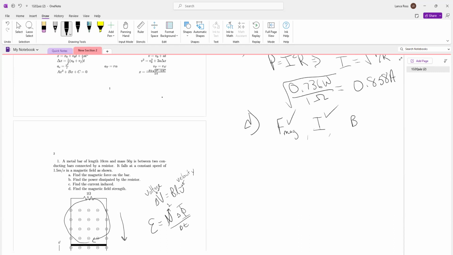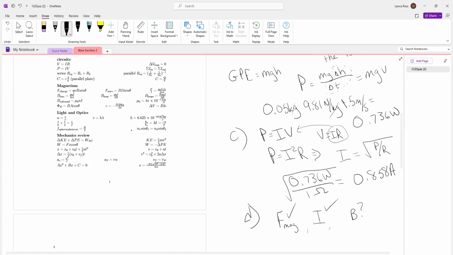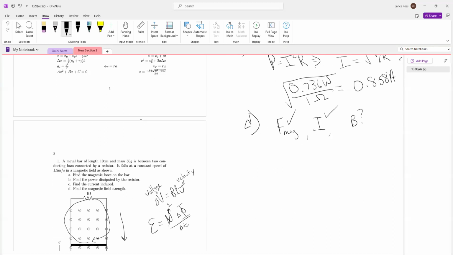We're looking for the magnetic field strength. What equations relate this? Well, if we look at our formula sheet, the force on a wire is BIL sine theta. Well, do we know L? Yeah, we know the length of the bar as well. So the only thing we don't know is B in that equation.